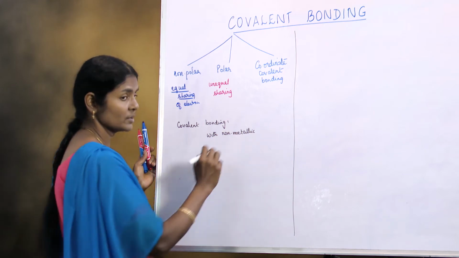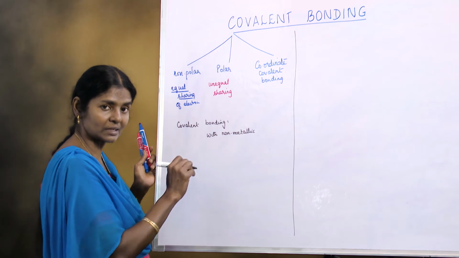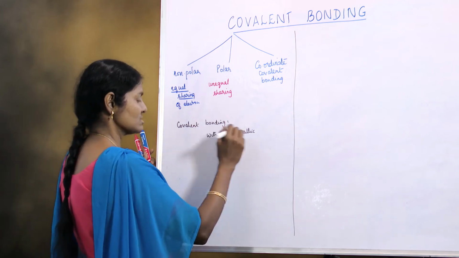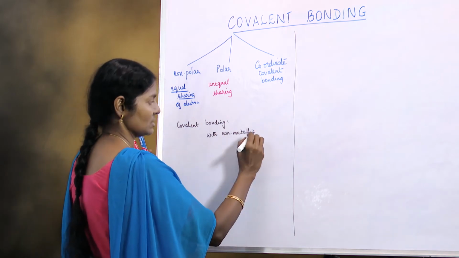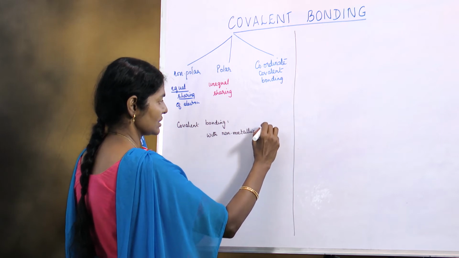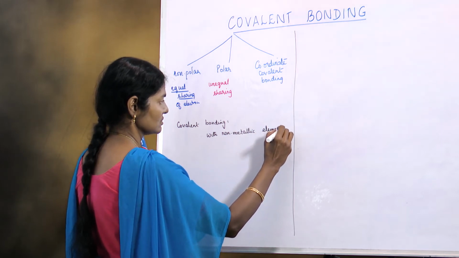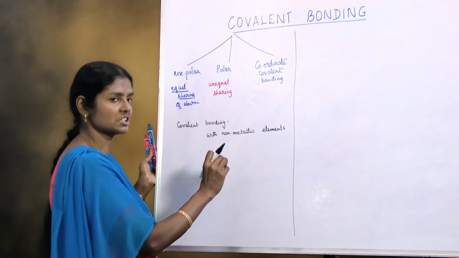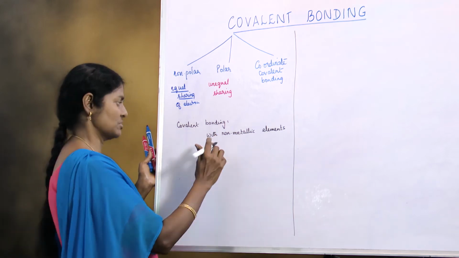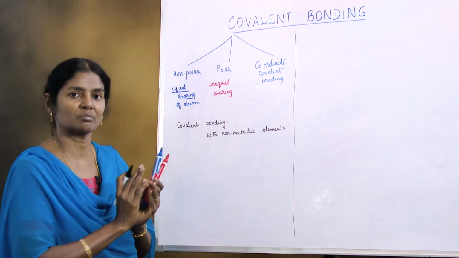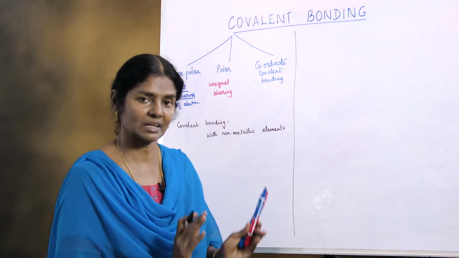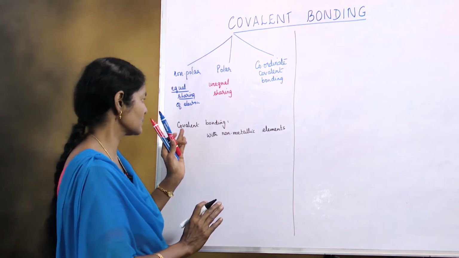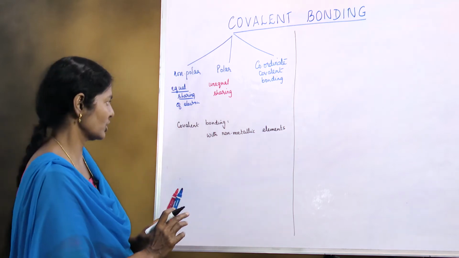When we saw ionic bonds, it was between a metal and a non-metal, whereas here it's mostly always between non-metallic elements. And if their electronegativity is almost similar, so there is not a large difference in their electronegativities, that only will result in covalent bonding.